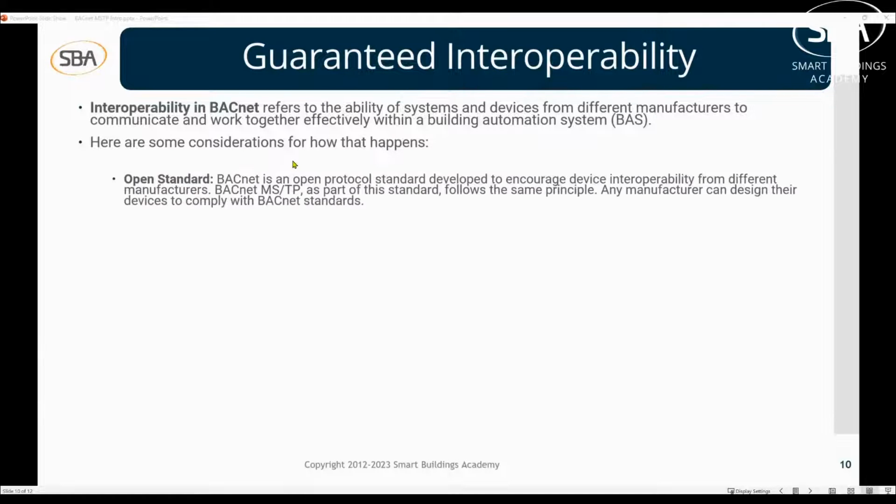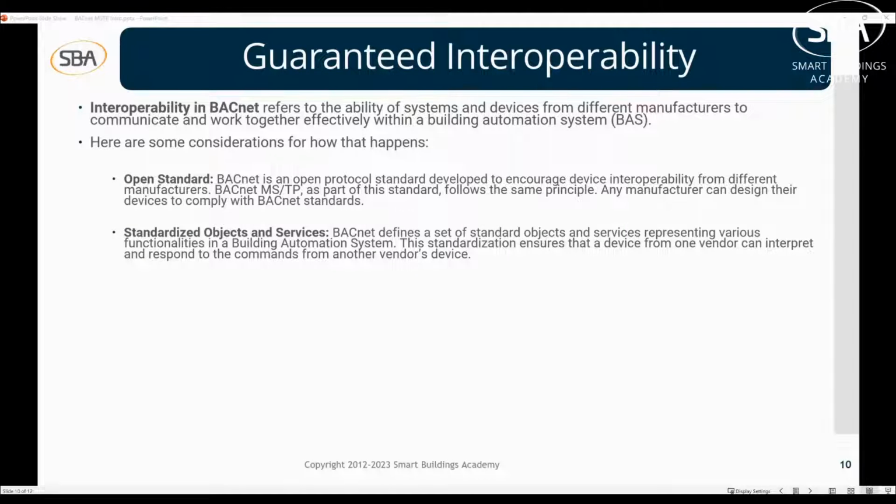So here's some considerations about how interoperability happens. BACnet is an open protocol standard and is developed to encourage device interoperability from different manufacturers. BACnet MSTP, as a part of the standard, follows this principle. Any manufacturer can design their device to comply with BACnet standards.